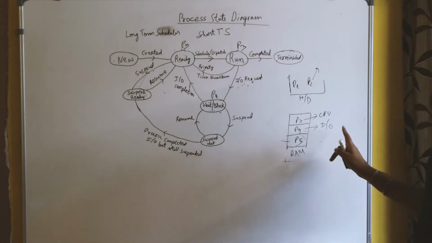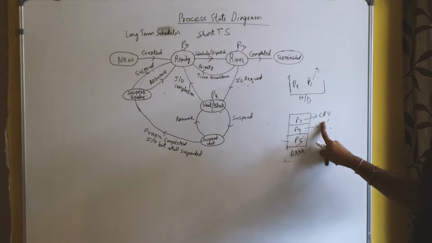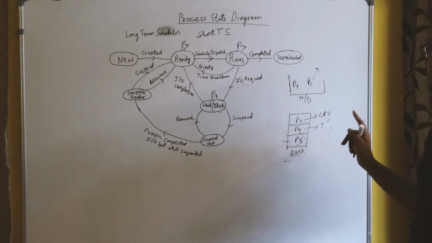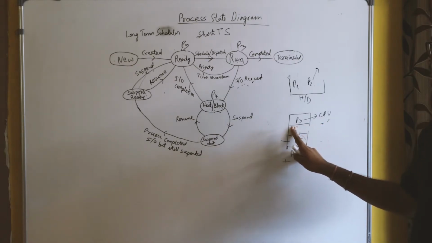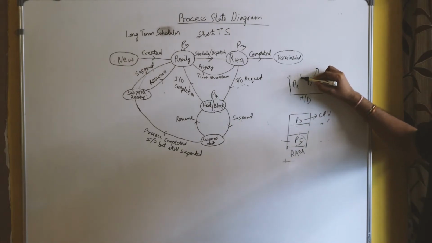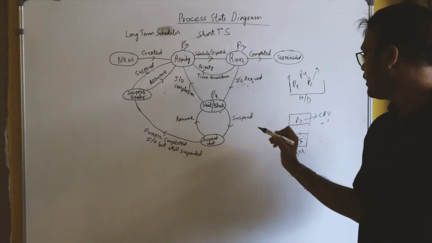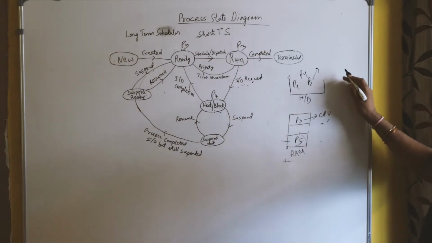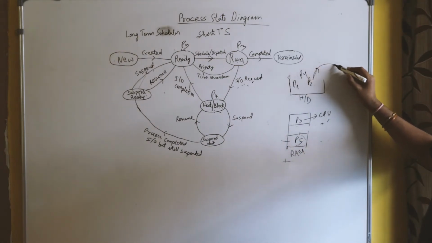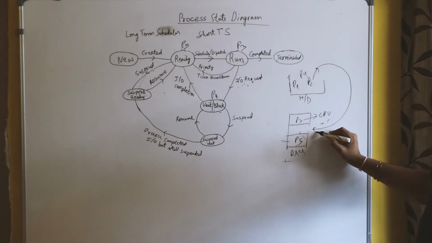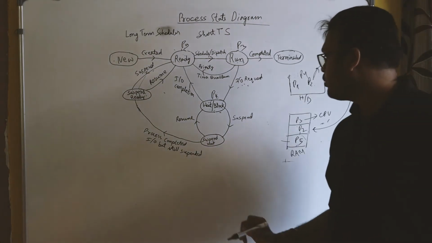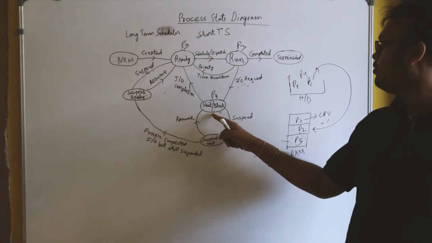So it's better to move P4 to the hard disk, so that P2 can come here. So here what happened? P4 was in a wait block state.